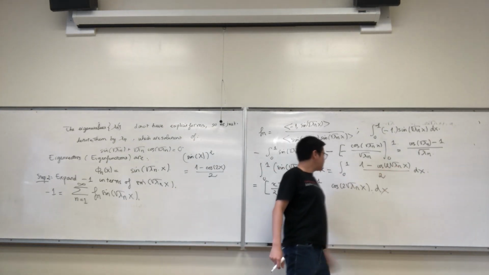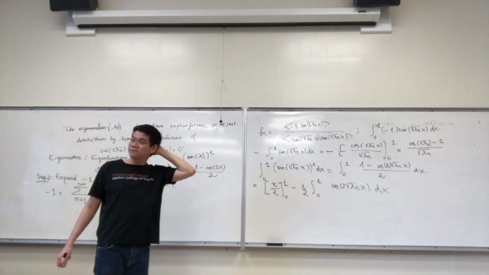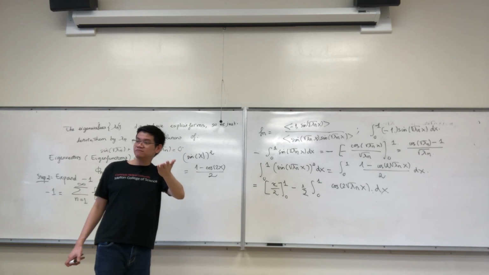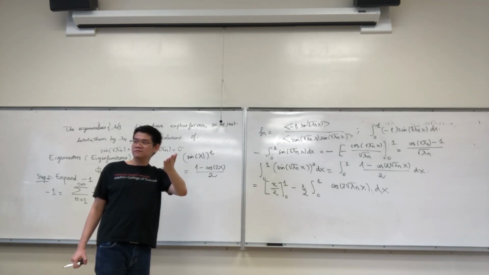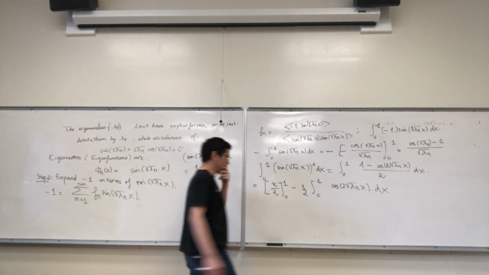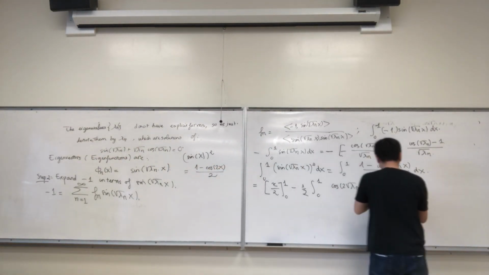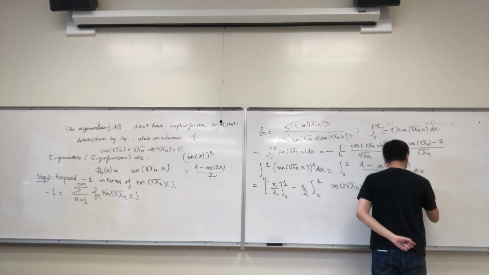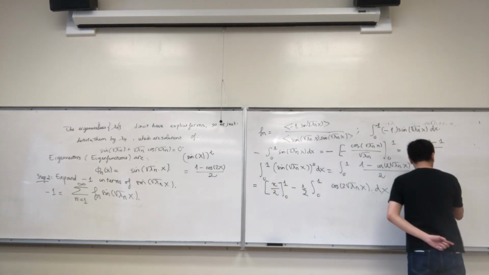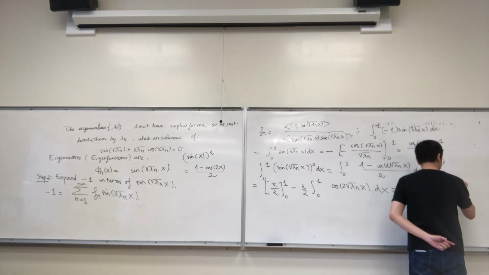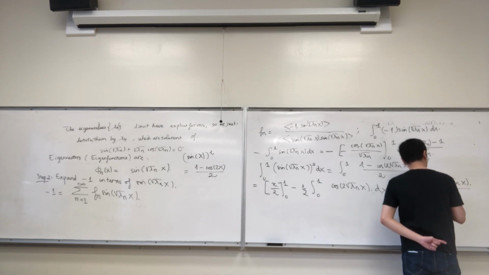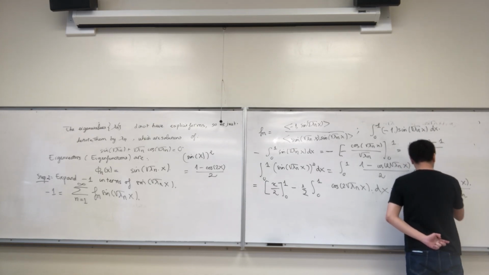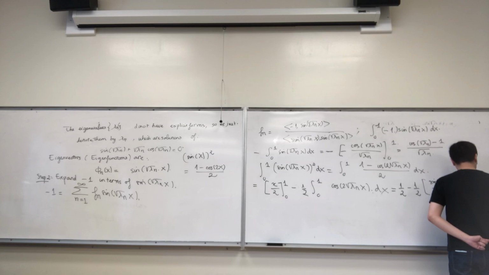Now the leftover is the cosine, and the cosine has the antiderivative sine, right? So this one will give me minus 1/2 times sine of 2 square root of lambda n x, divided by 2 square root of lambda n, and I take the difference between 0 and 1.